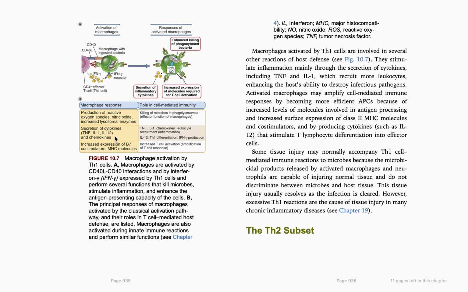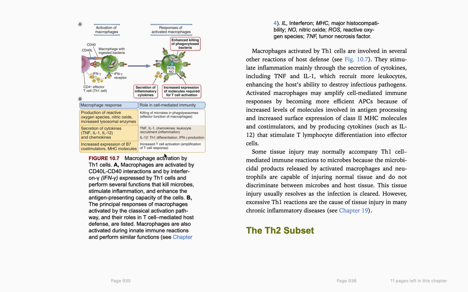Then there is secretion of cytokines like tumor necrosis factor, interleukin 1, interleukin 12, and chemokines. Tumor necrosis factor, interleukin 1, and chemokines cause leukocyte recruitment, especially for inflammation. Interleukin 12 is responsible for T helper 1 differentiation and interferon gamma production. It also increases the expression of B7 co-stimulators. This is important: it increases T cell activation and amplification of the T cell response.